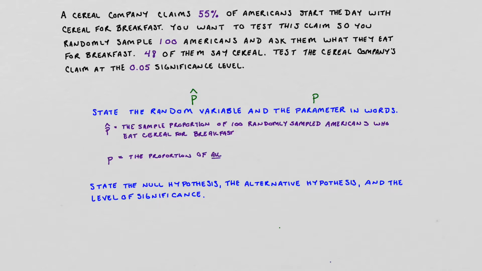Because again, parameter is referring to the population of interest. So from here, we can basically just use the same wording or the same description that we had in the sample proportion. So all Americans who eat cereal for breakfast.